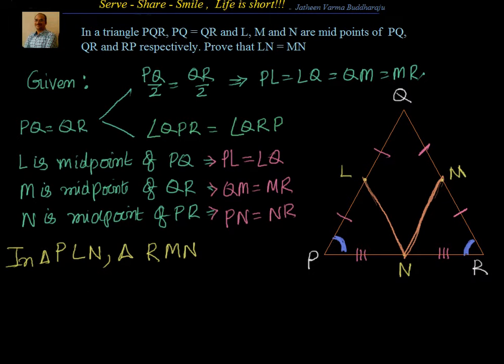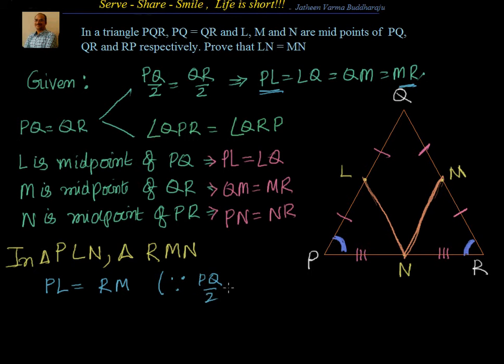What we have information, let's try to put it down. We have PL equal to RM. Not only that, we also have PN equal to NR. How we got this PL equal to RM?